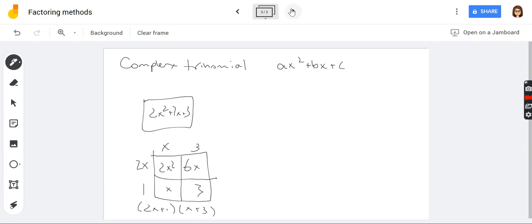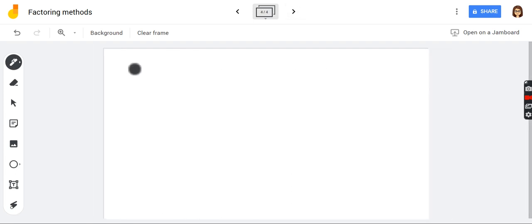All right, let's continue with complex trinomial, and we're going to call this the method of decomposition. Decomposition is a popular method of factoring.